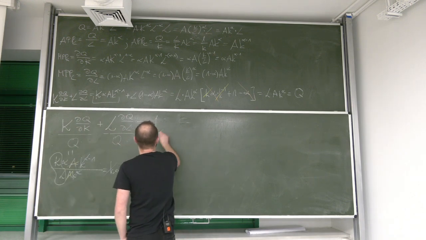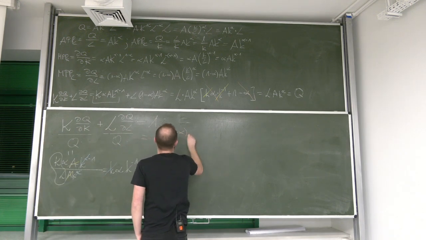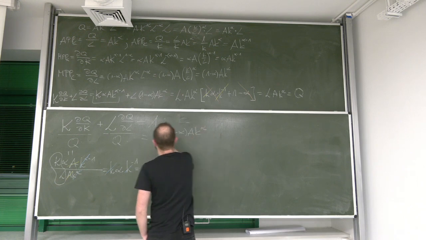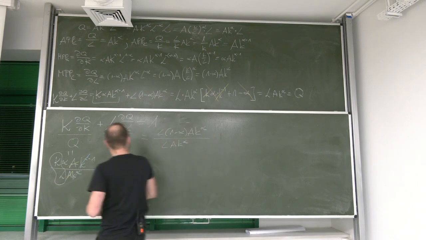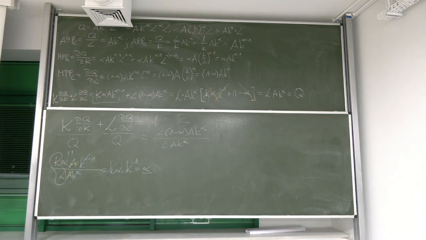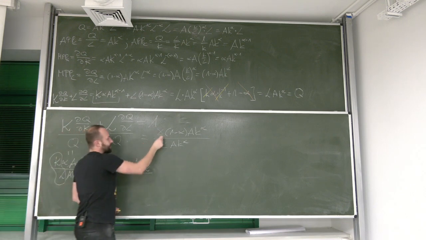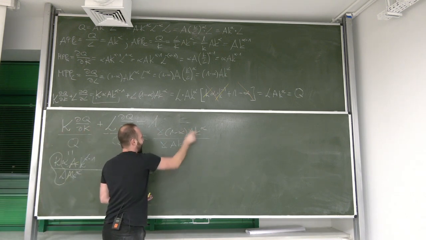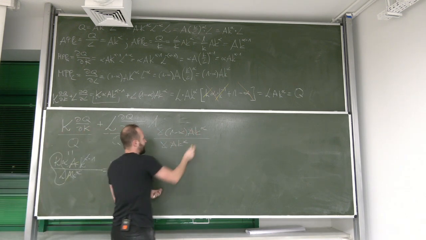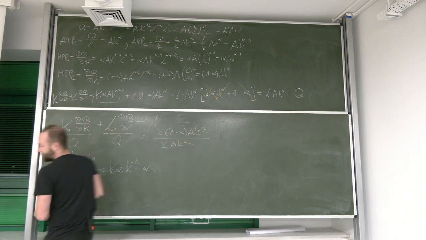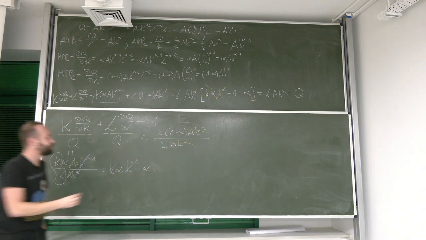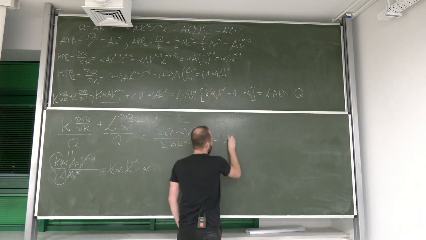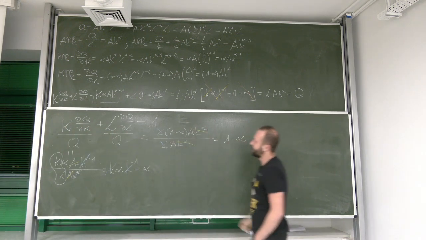Here we've got expression for 1 minus alpha A K alpha. We divide it by L A K alpha. And here, actually, the situation is even simpler. We see L's canceling each other out. We see A's canceling each other out. And capital to labor ratios to the power of alpha canceling each other out. So we get 1 minus alpha.